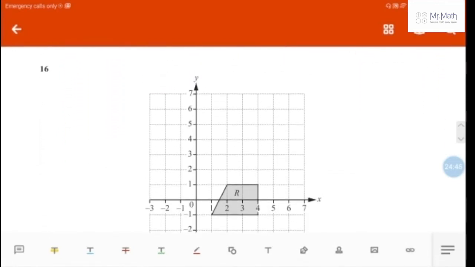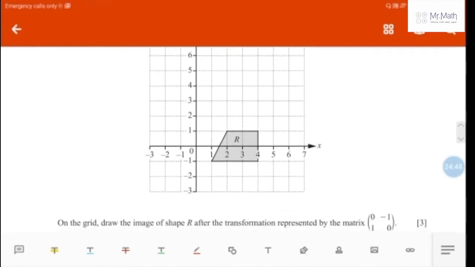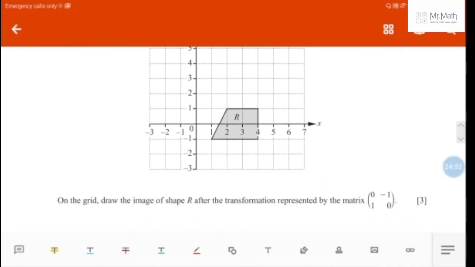Now, in question 16, I'm given this shape and it says on the grid draw the image of shape R after transformation represented by the matrix 0, 1, negative 1 and 0.